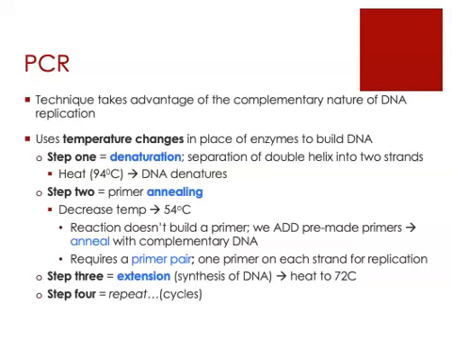Step 1 in PCR is called the denaturation step. In this first part of the reaction, we're going to heat the thermocycler up to 94 degrees centigrade. That's a very high temperature.